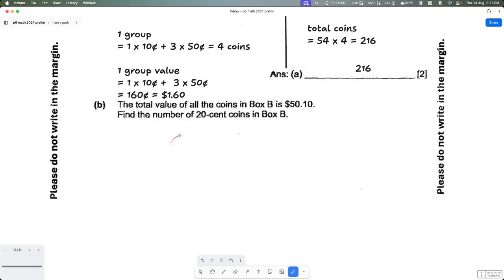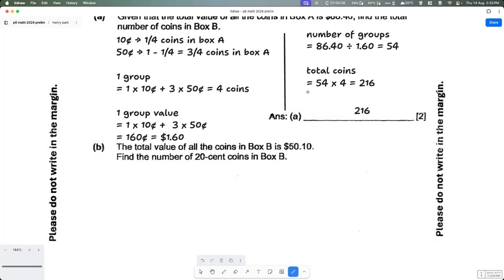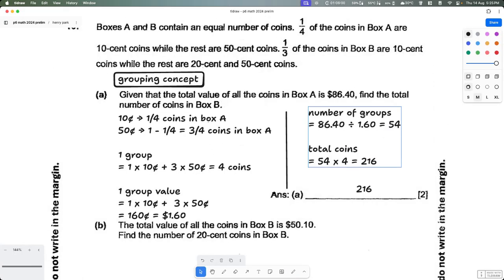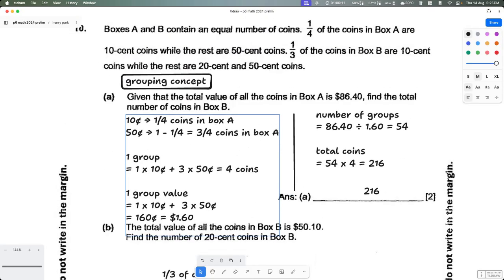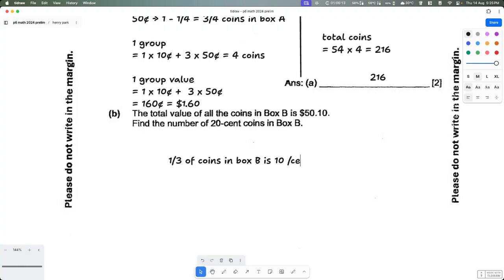Okay, so how we do this is basically we know the number of coins over here, and we know one third of coins in box B is 10-cent coins, right? So number of coins in box B that's 10 cent is equal to one third times 216.